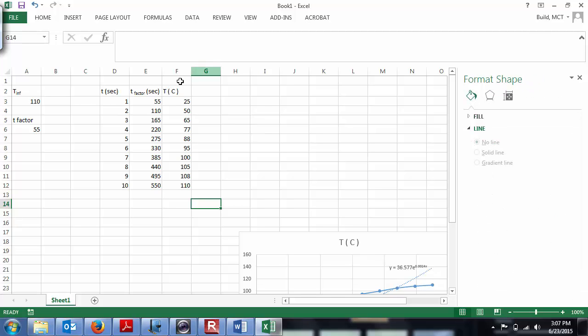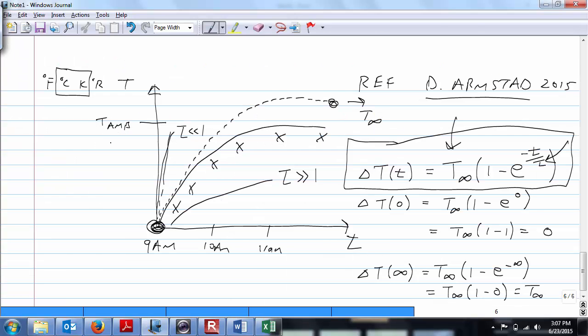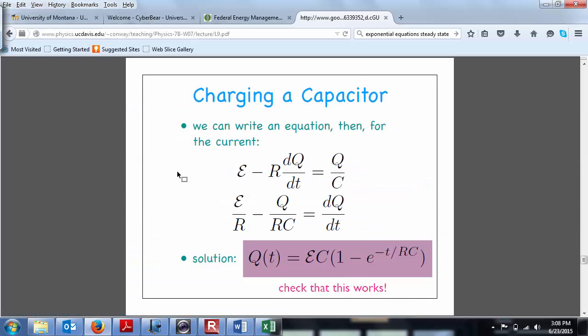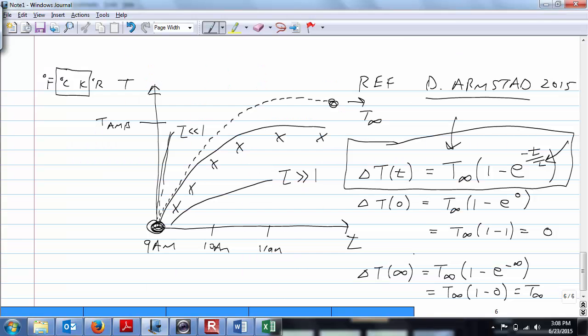So this is my data right here. I'm going to write my theory out here. And what I'm going to do is put in T for tau, and for now let that be 10. So the only two variables in this equation are this one number up front and then that time constant tau.